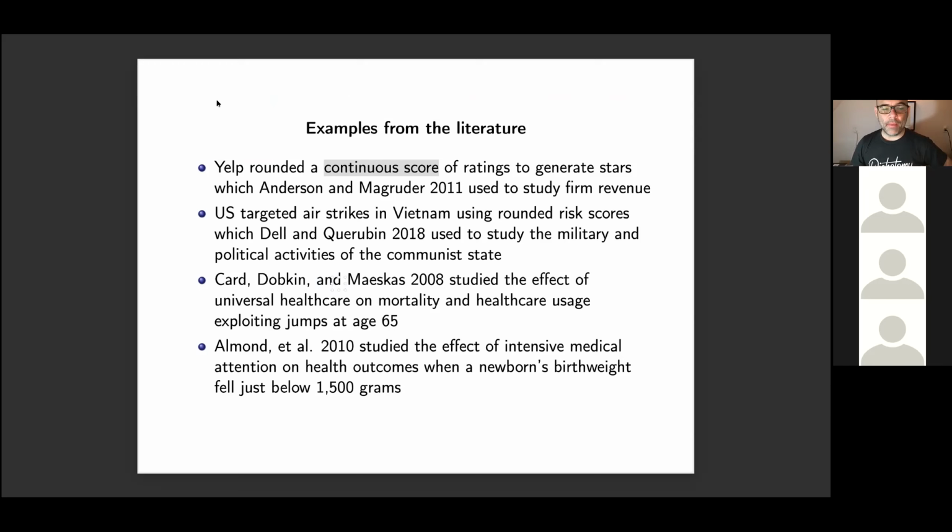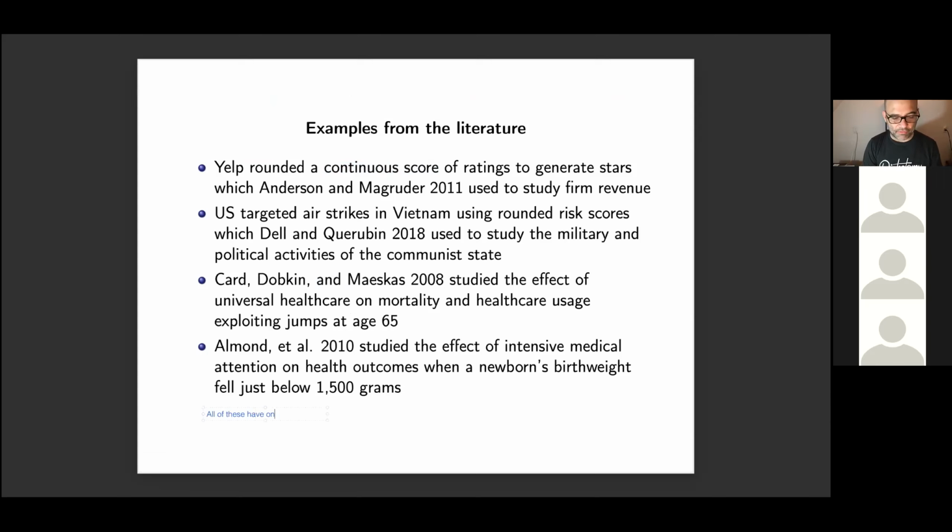Carr, Dobkin, and Maskus look at the effect of universal health care on mortality and healthcare usage, exploiting jumps at age 65. Doug Almond and others look at the effect of a child's birth weight on mortality using a particular cutoff at 1,500 grams. So it's really, really common.